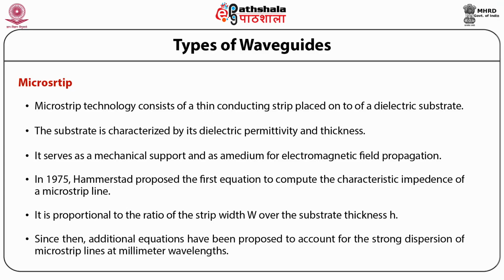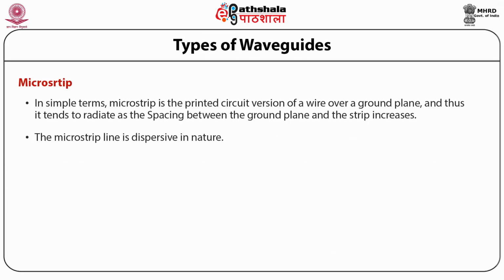Since then, additional equations have been proposed to account for the strong dispersion of microstrip lines at millimeter wavelengths. In simple terms, microstrip is the printed circuit version of a wire over a ground plane, and therefore it tends to radiate as the spacing between the ground plane and the strip increases.